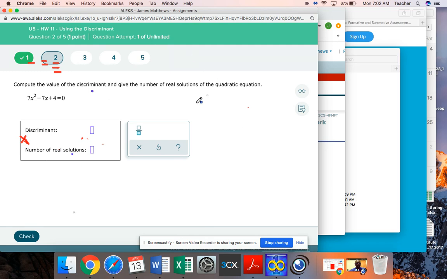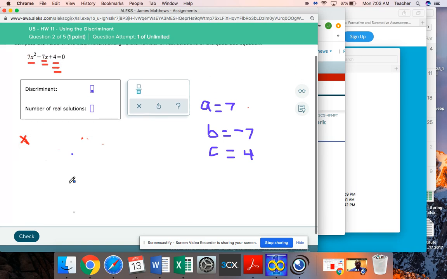All right. So looks like A is 7, B is -7, and C is 4. So given that, I just need to calculate the discriminant.